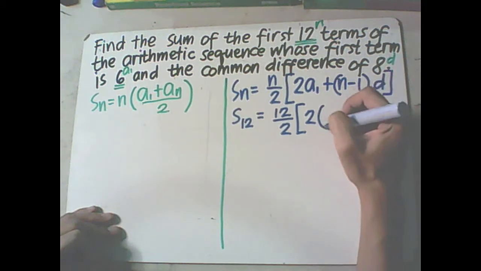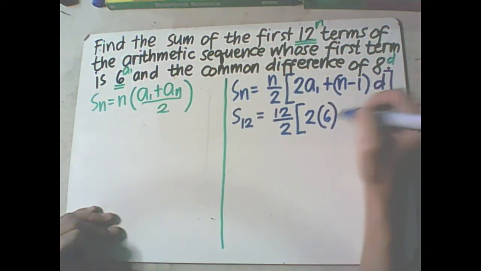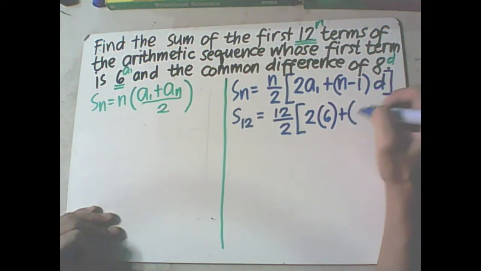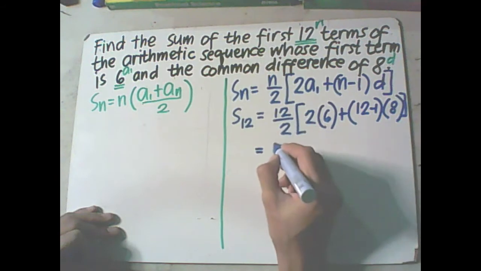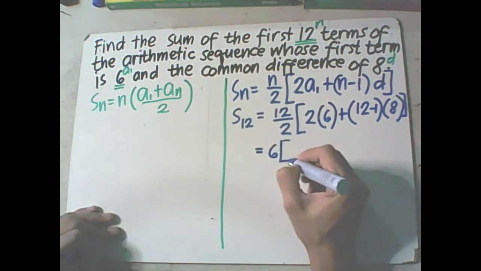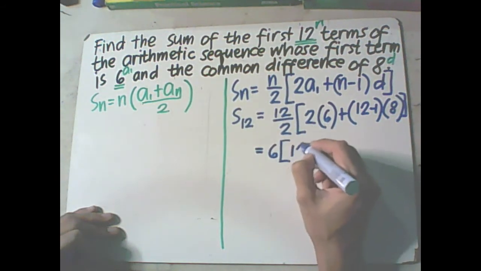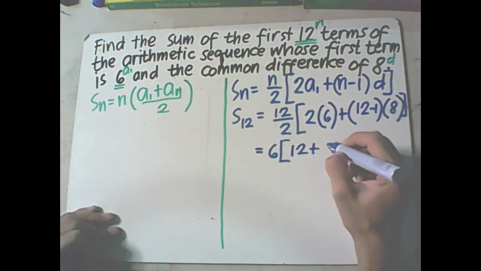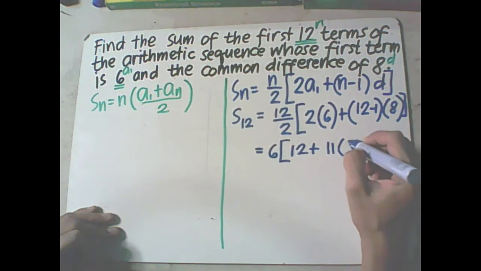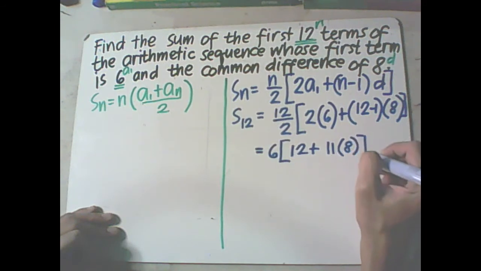What is our first term? 6. And then we have 12 minus 1 multiplied by the common difference, 8. Simplifying this, we have 6 multiplied by 12 plus, what is 12 minus 1? That's 11 times 8.